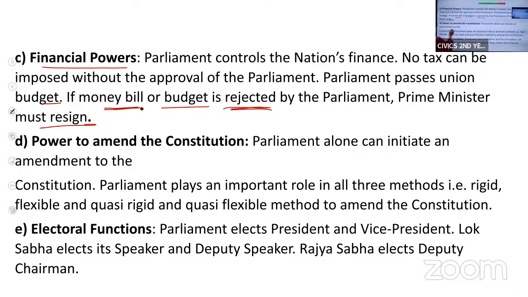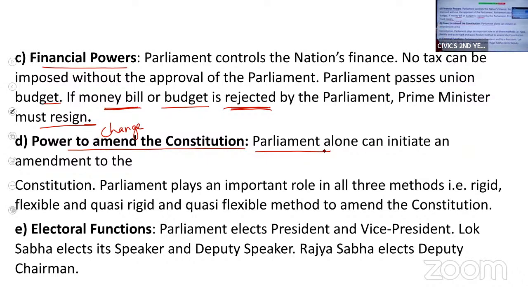Next is power to amend the constitution. Amend means change. Who can amend the constitution? Only parliament. Only parliament has power to amend the constitution. Parliament can amend the constitution by 3 methods.